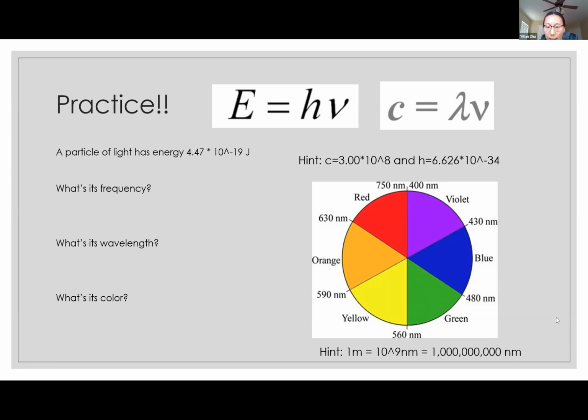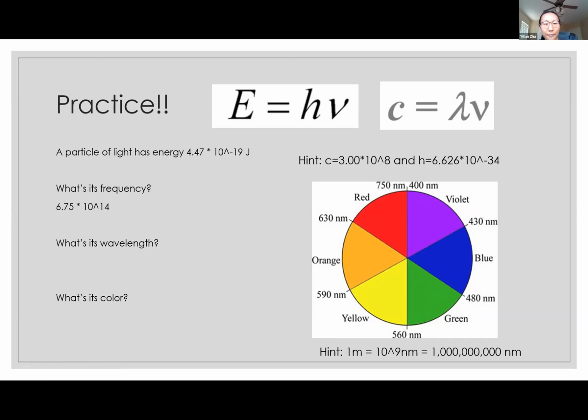A lot of you got some pretty close answers. So let's talk about how we do this problem. That is the frequency, and a lot of you got pretty close. What did we do? Well, we knew that the energy was Planck's constant times the frequency. So we took the energy given in the problem, 4.47 times 10 to the negative 19, and divided it by Planck's constant, which is the little h.